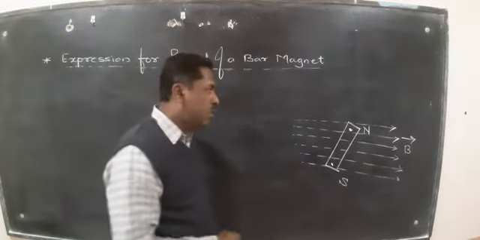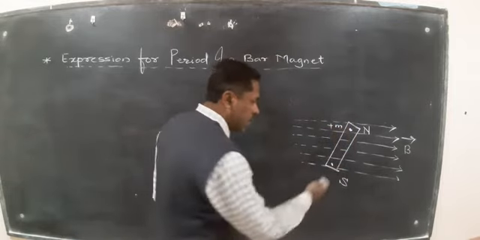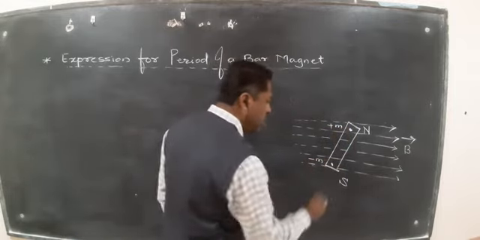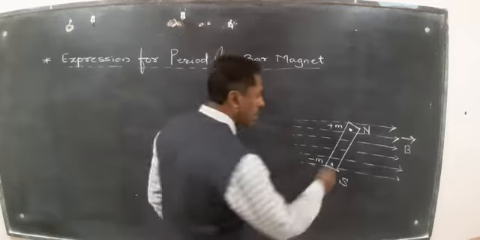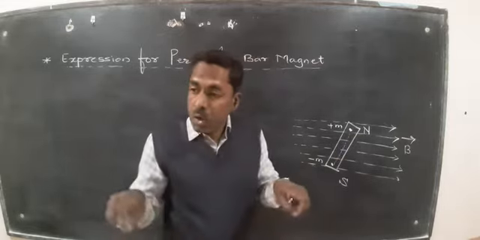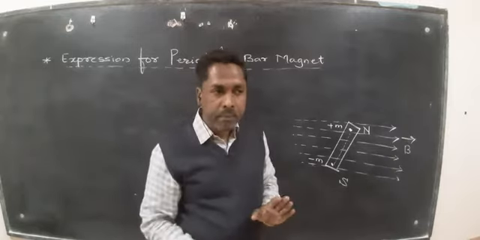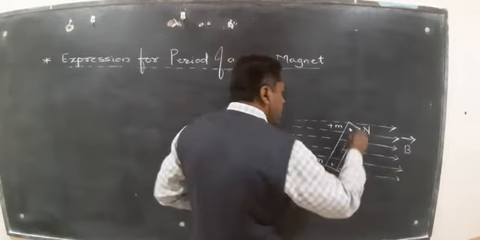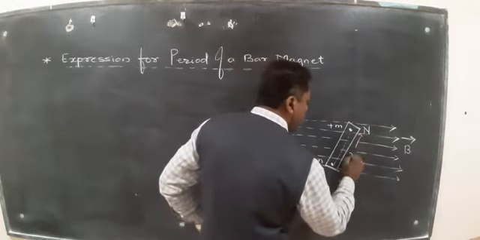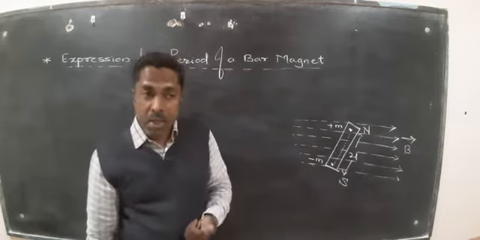The pole strength of the north pole is plus small m, whereas the pole strength of the south pole is minus small m. And there is a line which is joining the two poles of a magnet. That line is called the magnetic axis. The distance between the two poles of a magnet is represented by 2L, called the magnetic length.